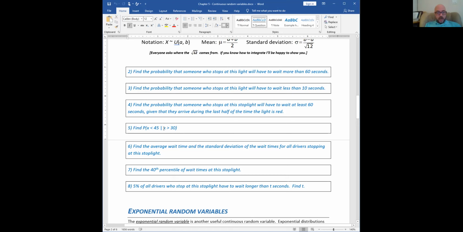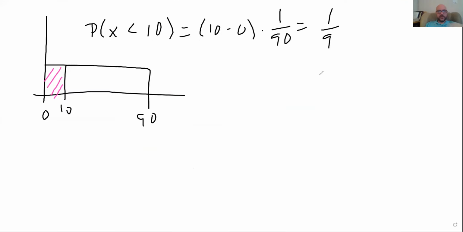So I'm restricting myself to only consider the times where x is greater than 30, and then within those times, I want to find the probability that x is less than 45. So let me go back to a whiteboard here. Sorry, losing my train of thought there.